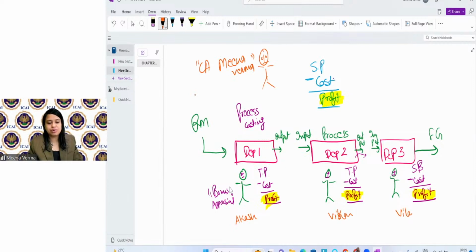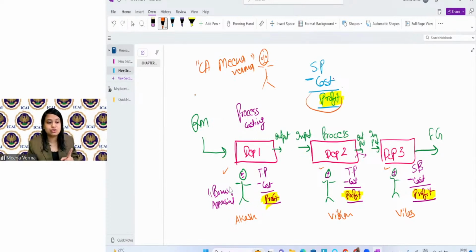So these different people are working in the organization. I will encourage them to increase the profitability of their respective department, but I will also encourage them to increase the profitability of the entire organization. And I will see that the first preference should be the organization.